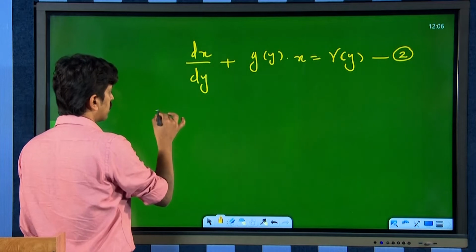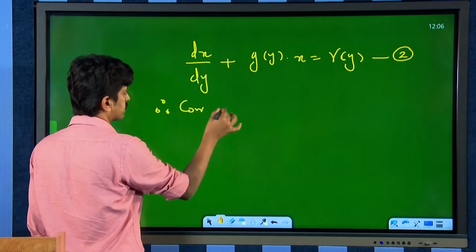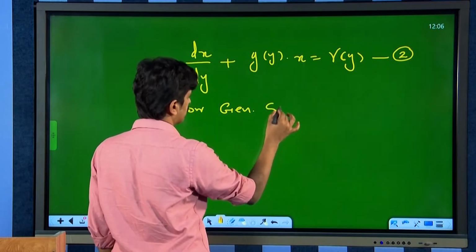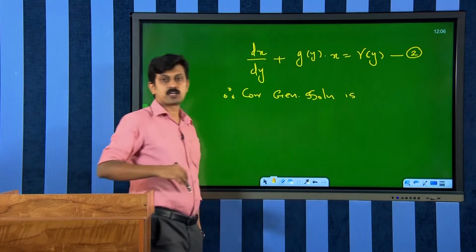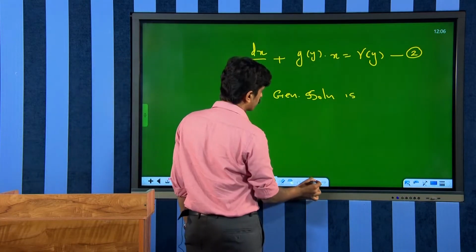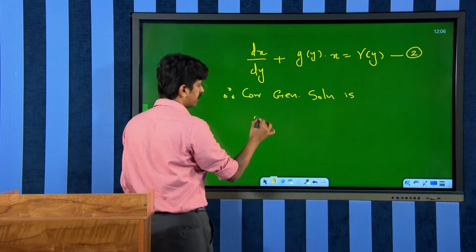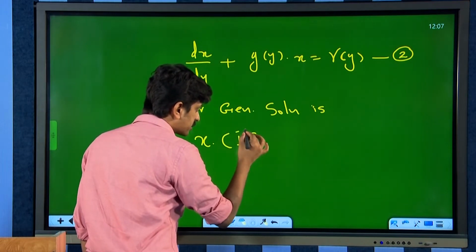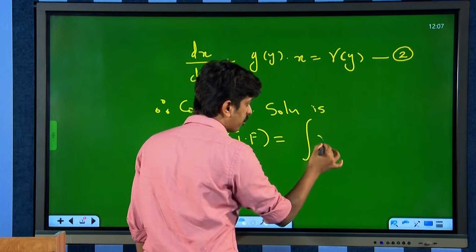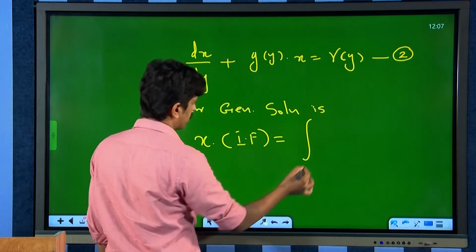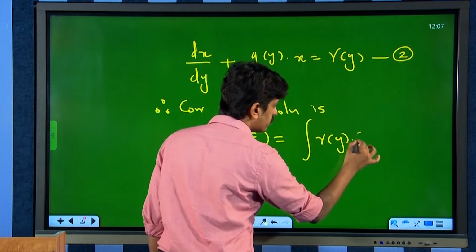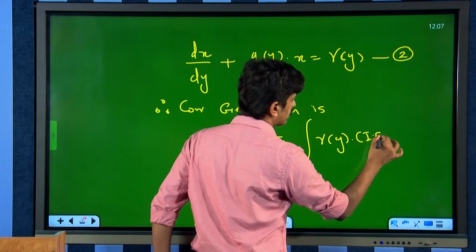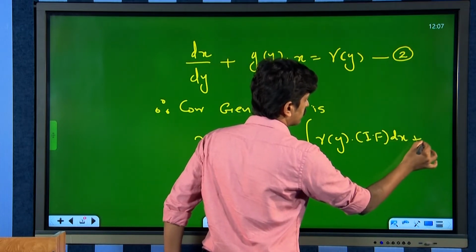Therefore, the corresponding general solution we can find by using the formula: x into the integrating factor is equal to the integral of r of y into the integrating factor into dy, plus the constant of integration.